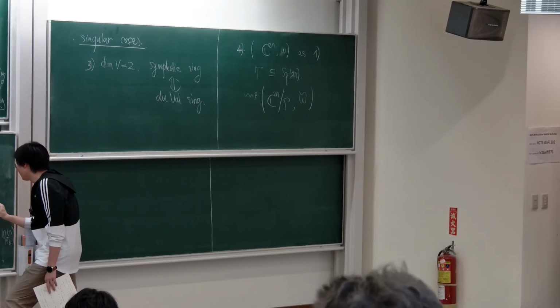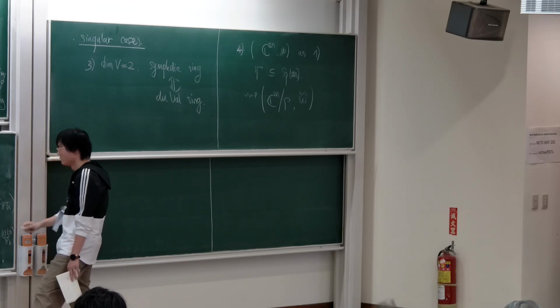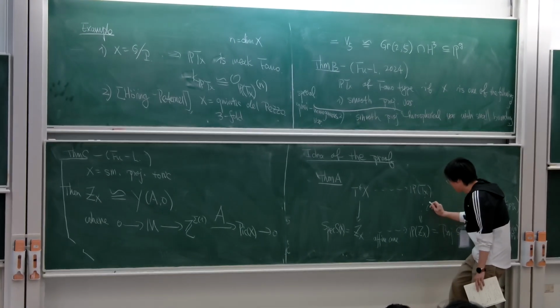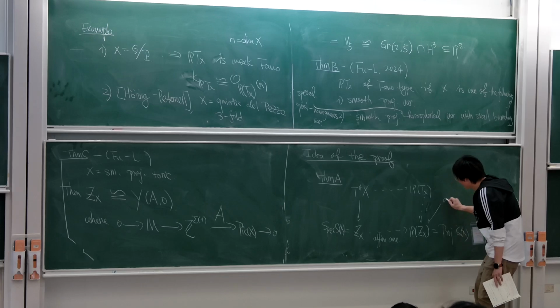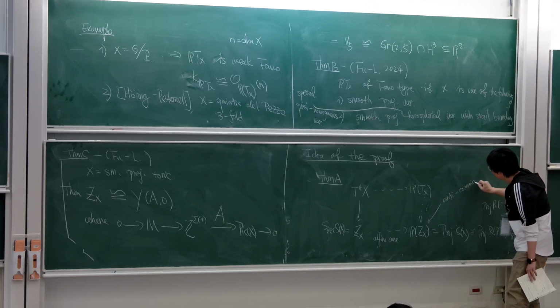It's in fact the anti-canonical ring of this projective variety, minus K P X. So in fact this is the anti-canonical model of this projective variety.